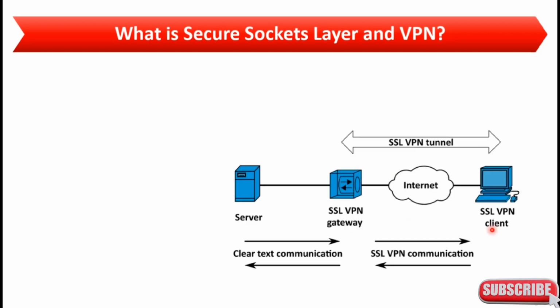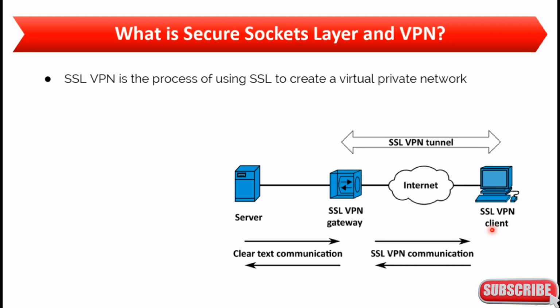Now, SSL VPN is really the process of using the secure sockets layer to create a virtual private network. A VPN is a secured connection between two systems that would otherwise have to connect to each other through a non-secured network. Here's what I mean. Listen carefully. Even though I'd never really let this happen, let's just say I could connect to the servers in my corporate office through the internet.